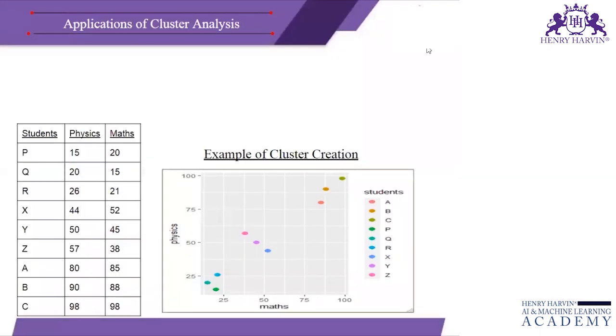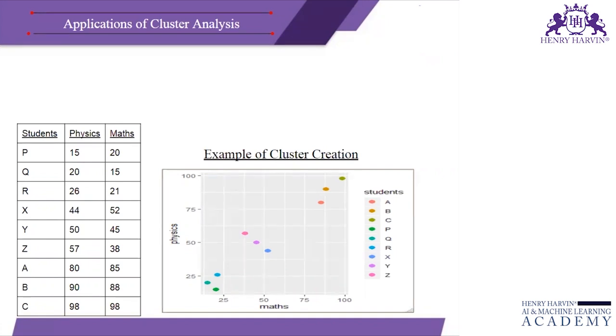An example has been taken here for cluster creation, where different groups of students are given and their marks in physics and mathematics are given. So there are three groups in this data set. You can see there are students P, Q, R. They all three have similar kinds of marks in both the subjects. Similarly, X, Y, Z and A, B, C have similar marks in both the subjects.